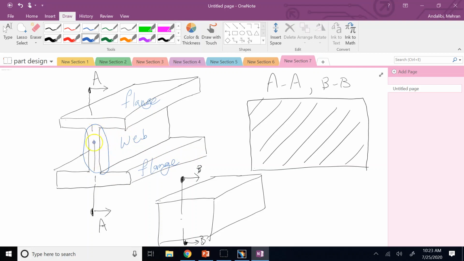But web, the thin part, when we cut, we are not going to hatch. So again, if I do hatch the entire section from here to here, it gives me the impression that the object actually looks like this instead of that. So what do? I said that is section BB, right? Or BB looks like this.